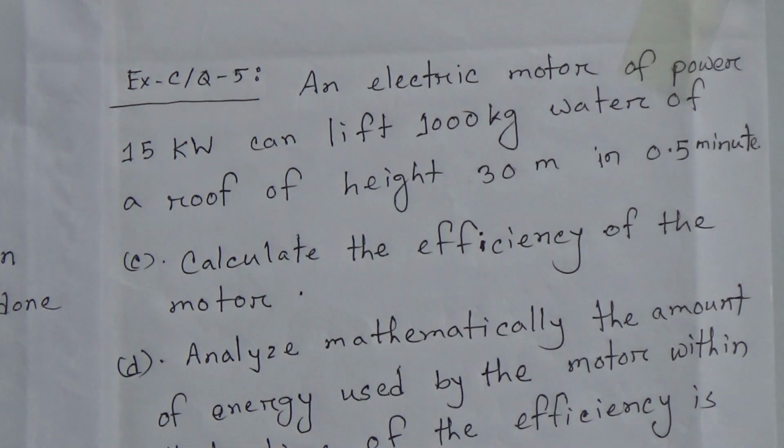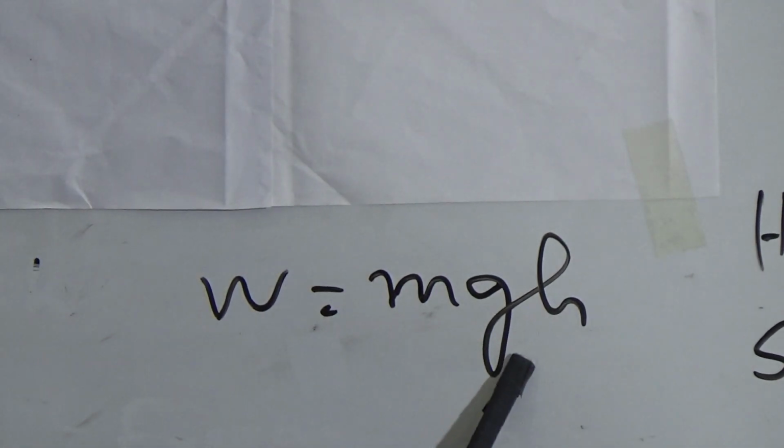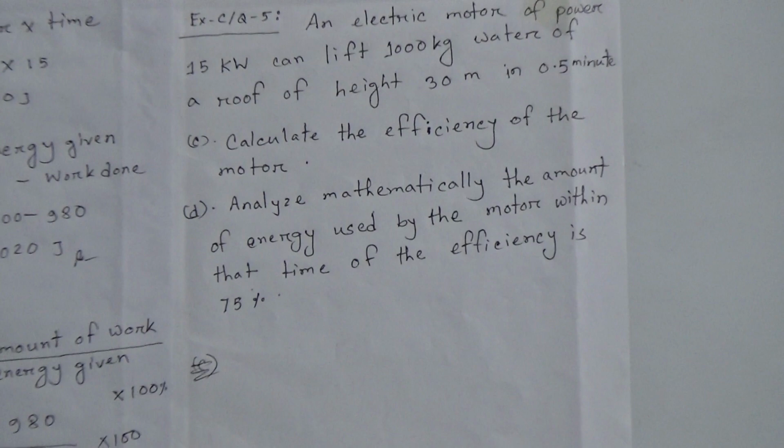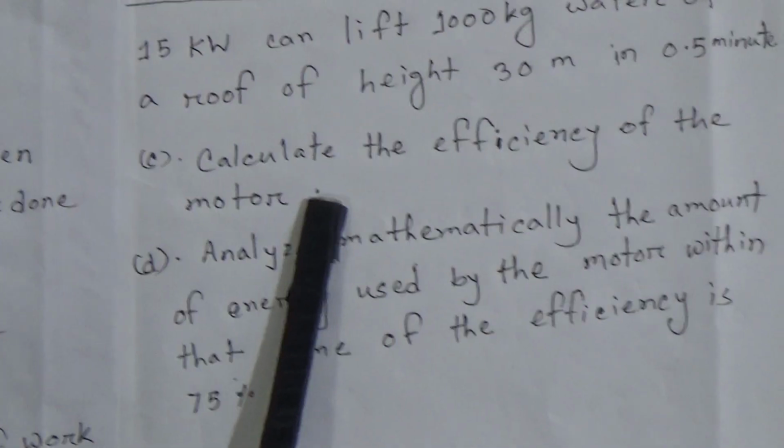The formula of work is W equals mgh. We know the value of G is 9.8 meter per second square and H is given as 30 meter. So I think all of you have understood this mathematical problem.